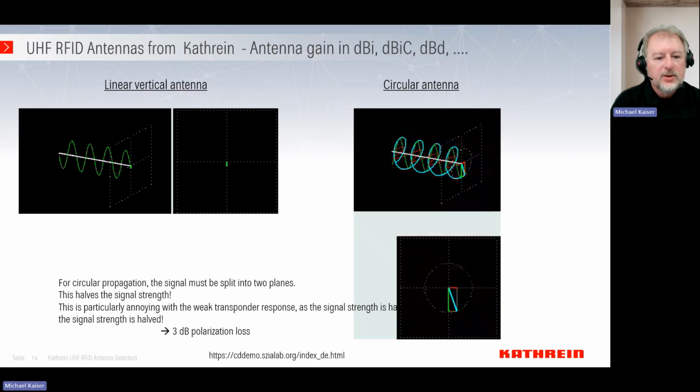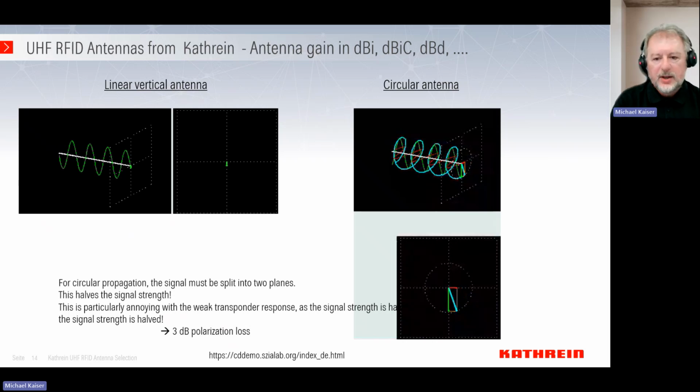But on the other side, with linear you don't have this 3 dB polarization loss, and you have the 3 dB higher signal from the back signal from the transponder to the reader. With the circular antennas, we have this 3 dB loss.